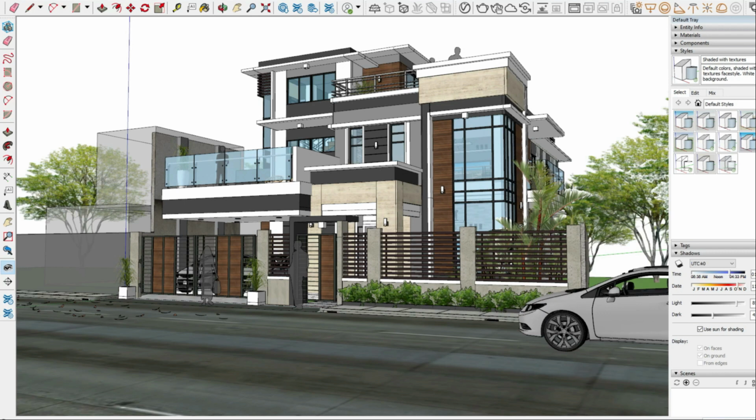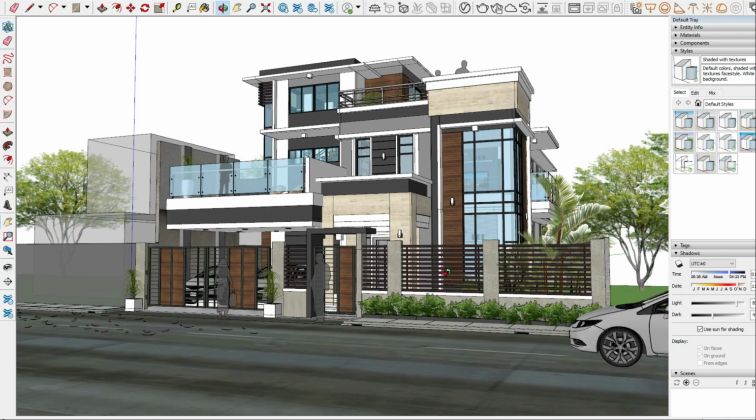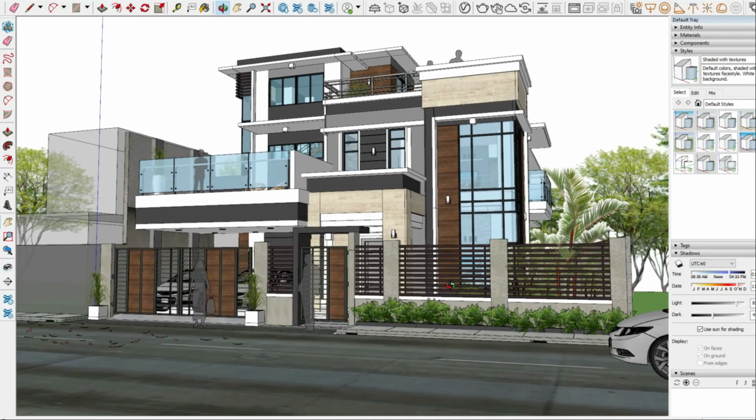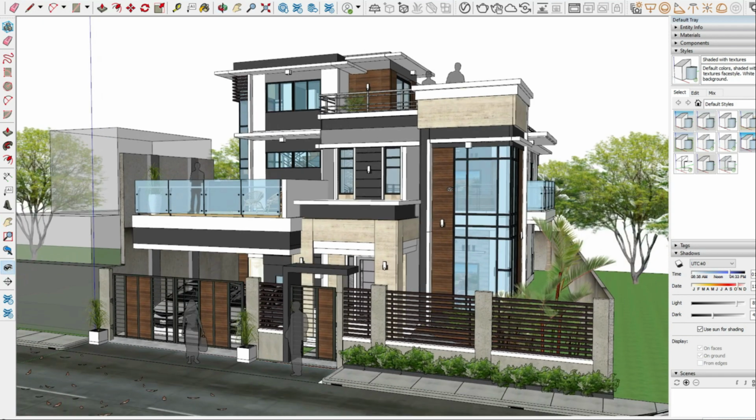So, this is the most enjoyable part sang pag-obra sang plano, ang making your 3D model. Dire mo na dayon i-base ang imong elevations. So this is the second phase mag-generate sang design mo.